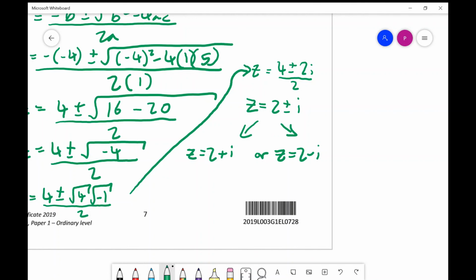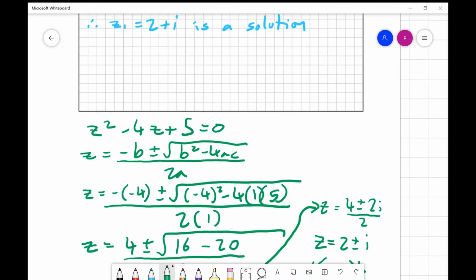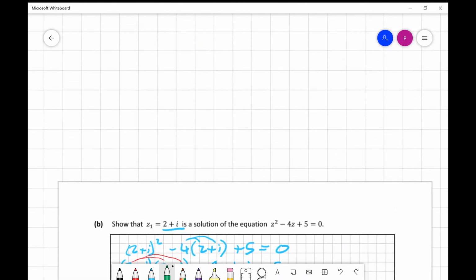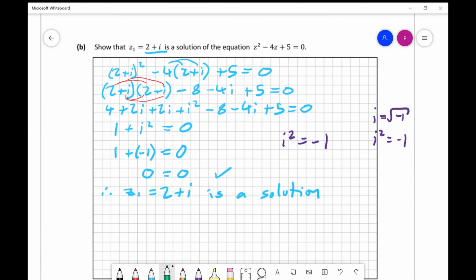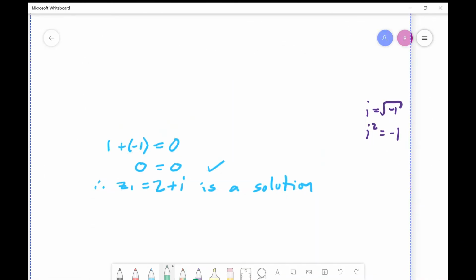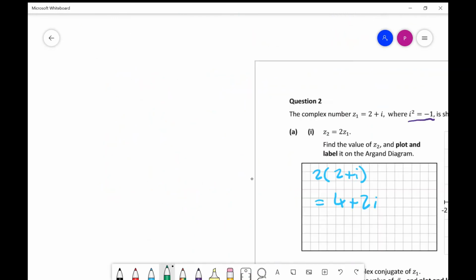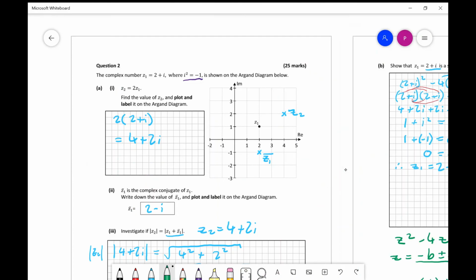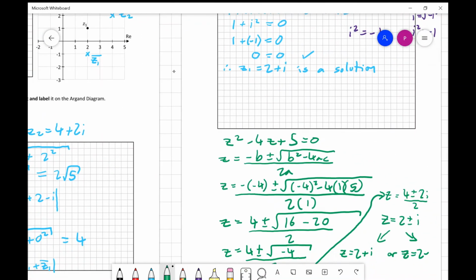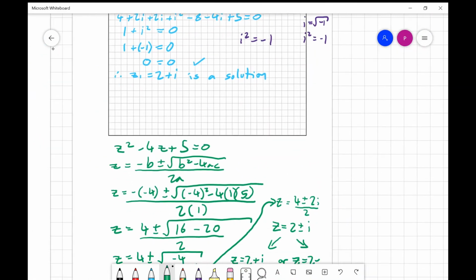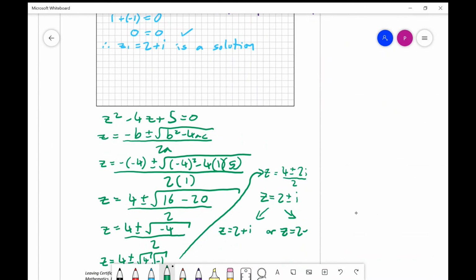Now, the question that we were asked at the start was to investigate if z1, which is 2 plus i, is a solution. Sorry, it just crashed. We were trying to investigate if z1, which is equal to 2 plus i, is a solution.